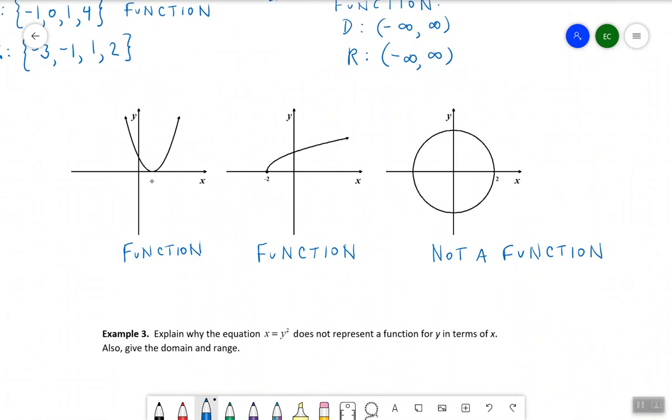So when we look at the parabola, again, for the domain, we're trying to think from left to right, the x direction. So if we follow the curve out, then we're going up a lot, but we're not interested in that right now.